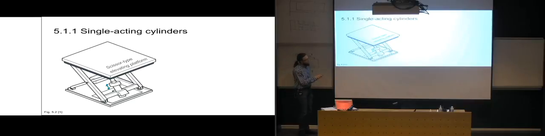Even though in the case of a scissor type elevating platform, the cylinder itself isn't going straight vertical like the plunger one we just saw. This one is, once the scissor elevator is almost all the way down, this one will be nearly horizontal. So it will be almost horizontal when it's down there.